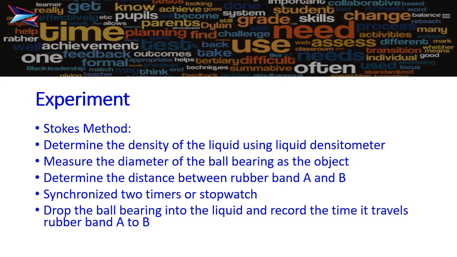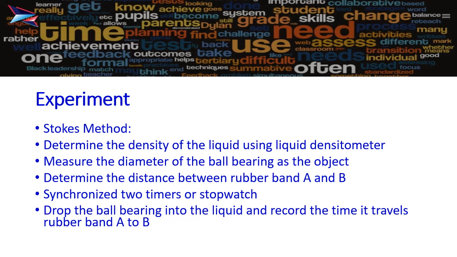Alright, now we come to the experiments. How do we carry out the experiments? For the Stokes method, the first thing we need to do is determine the density of the liquid using the liquid densitometer. The liquid densitometer is an object that floats on your liquid.